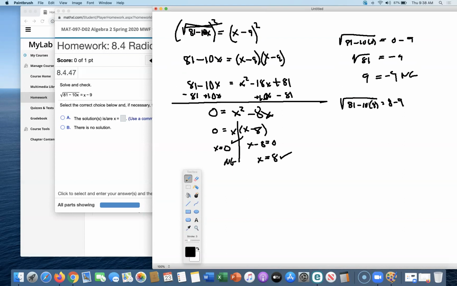You have to do multiplications first. 10 times 8 is 80. 81 minus 80 is the square root of 1, equals 8 minus 9, which is negative 1. Nope, that doesn't work either, because the square root always gives you a positive answer. No good. So we did all this work for nothing.